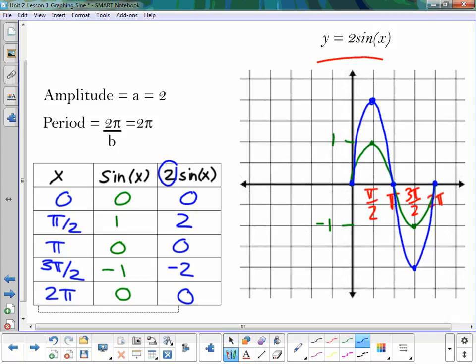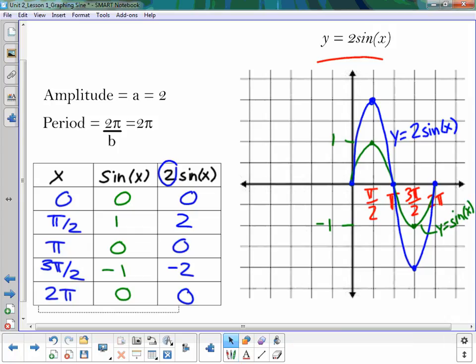So you can see the difference. They start and end in the same spot. They hit the x-axis in the same spot. But their peaks are stretched up and down, further above and below the x-axis.